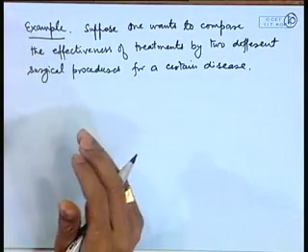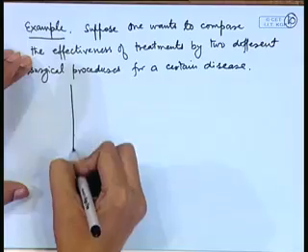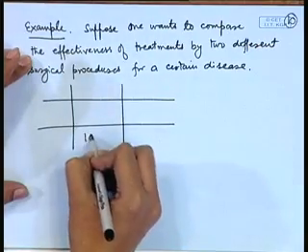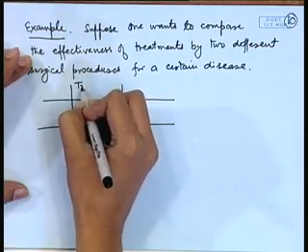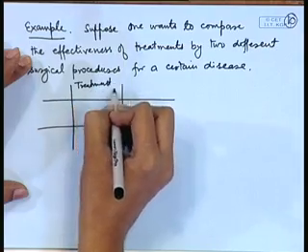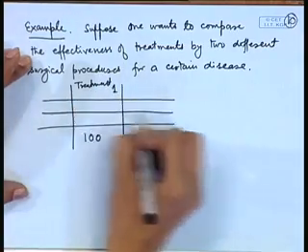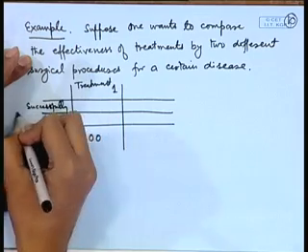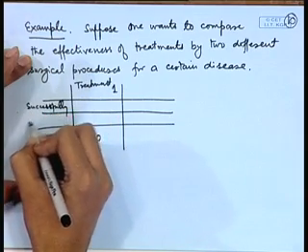So, for this a set of patients is taken. On one set of patients, one surgical procedure is adopted, and we observe the proportion of success. Suppose 100 patients are there on which treatment procedure 1 is adopted. We see how many are successfully treated and how many of them are failures.